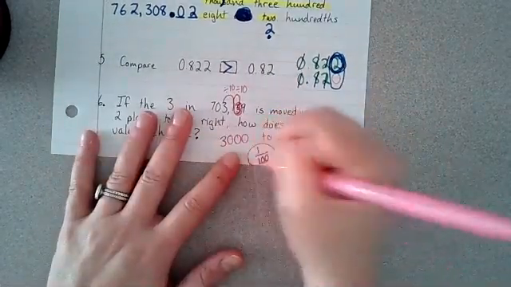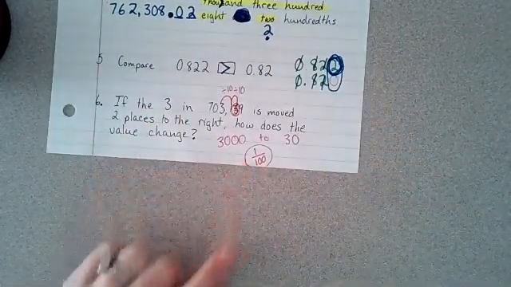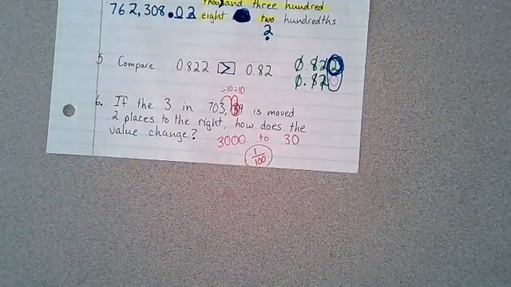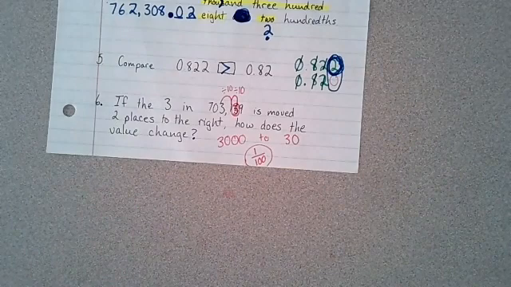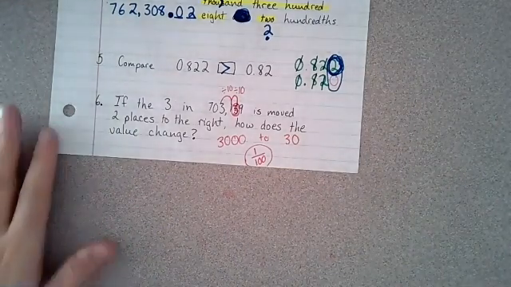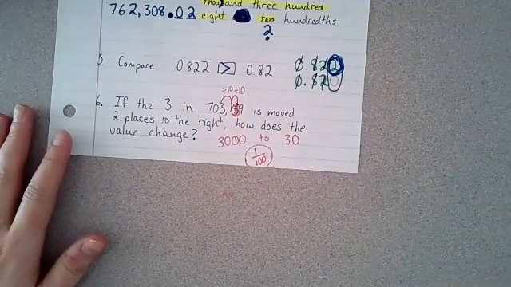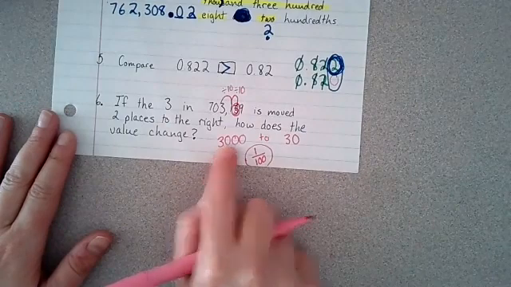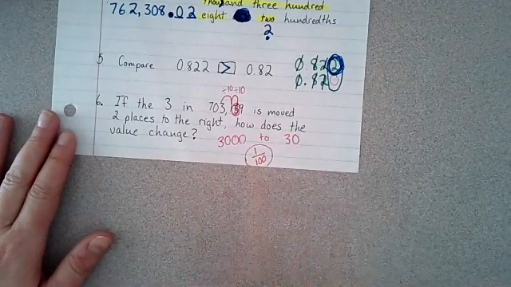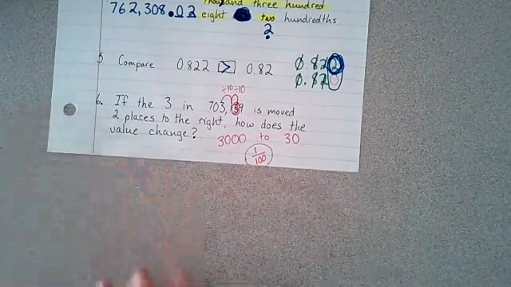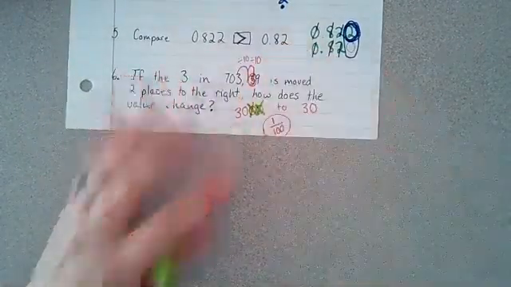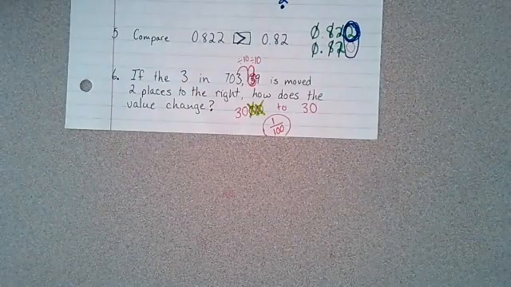It's 2 jumps, 1/100th, not just 1 jump. 1 jump would be 1/10, but now it jumped 2 places, which is 1/100th. Cool? It went from being worth 3,000 to now it's worth 30, which is 1/100th. And you also can know that because look how many zeros it chopped off. 1, 2. That's 100, right?